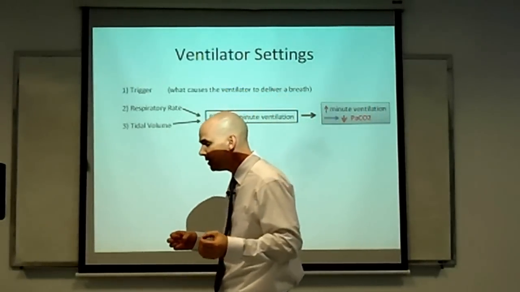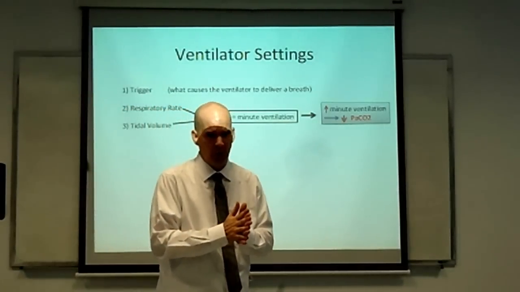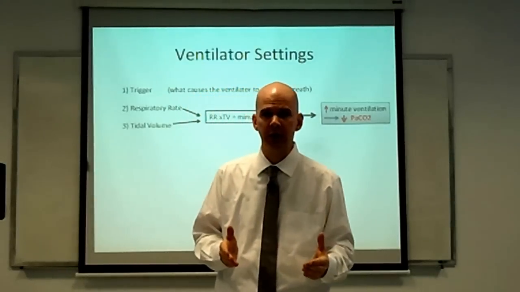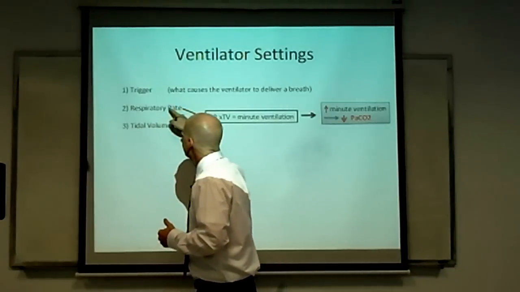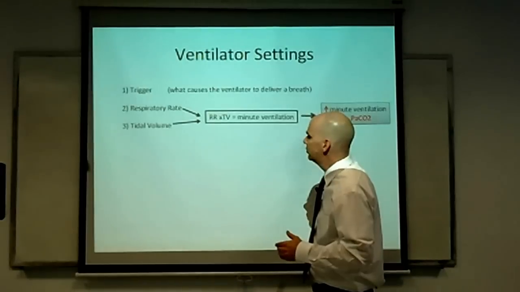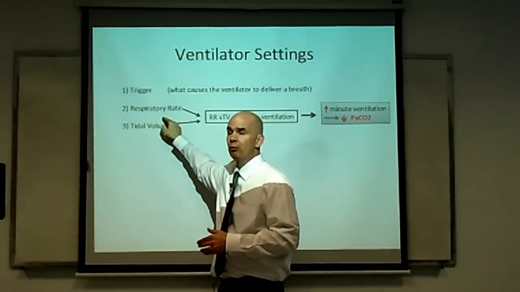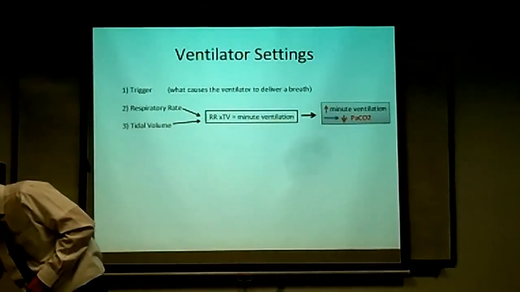And if he has ARDS, then we're down to 6 milliliters per kilogram of ideal body weight, or 420 milliliters tidal volume. So bottom line here again, respiratory rate and tidal volume are the main ways to control CO2, and respiratory rate is really what we have the most wiggle room with. Let's look at our next setting.